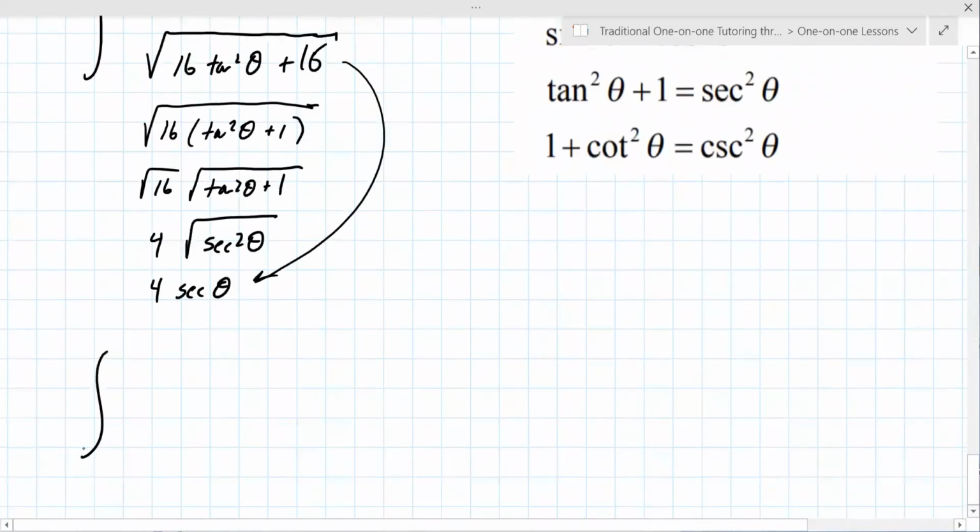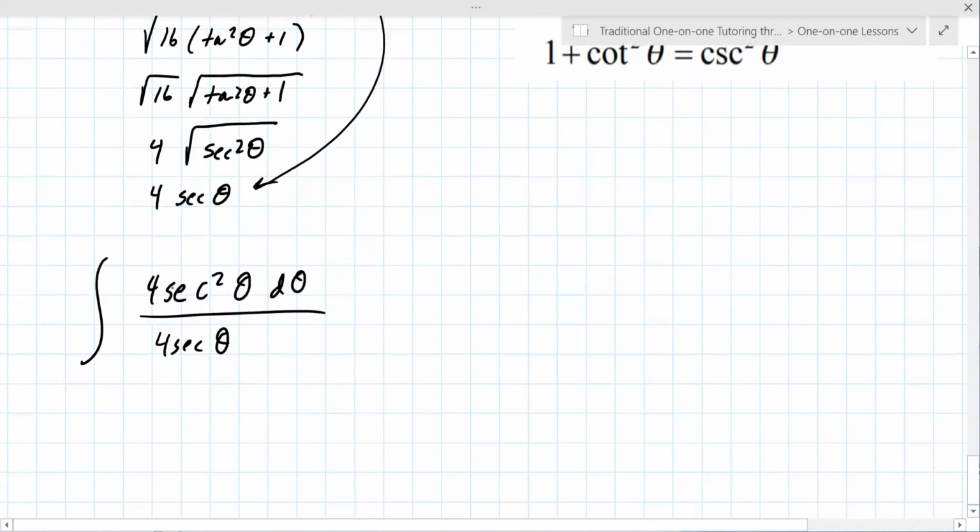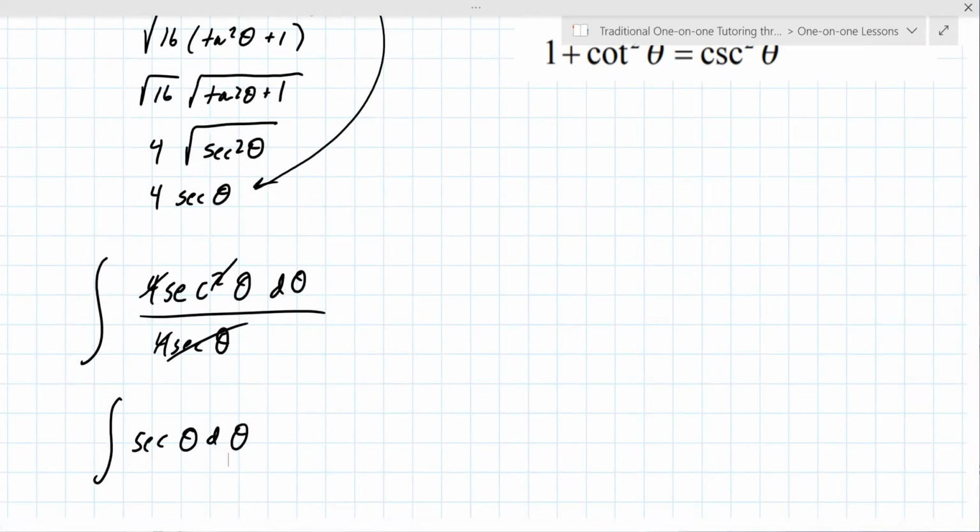Okay, so this whole thing becomes, the top stays the same, 4 secant squared theta d theta over 4 secant theta. I actually like this one a little more now. The 4's cancel, that secant cancels that one. It's integral secant theta d theta. And if you have your table, this one is kind of, you're supposed to know it.